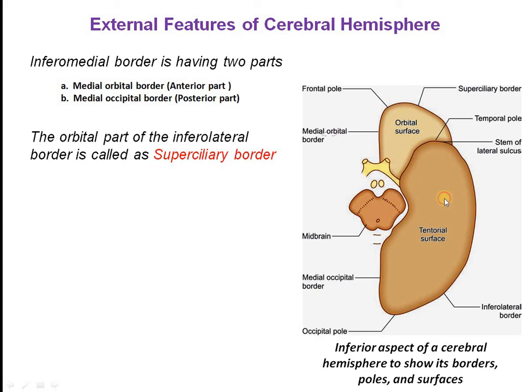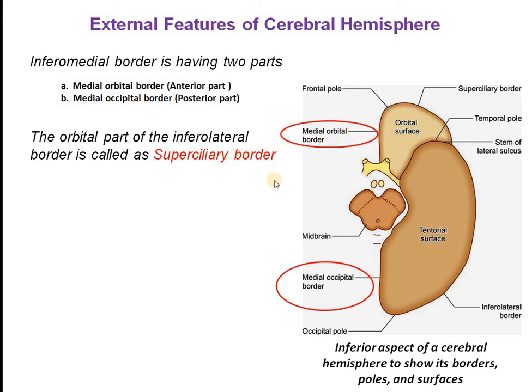If you look at the brain inferiorly, the inferior aspect of the cerebral hemisphere shows the medial orbital border, on the frontal side nearer to the eye, and the medial occipital border, nearer to the occipital lobe on the posterior side.